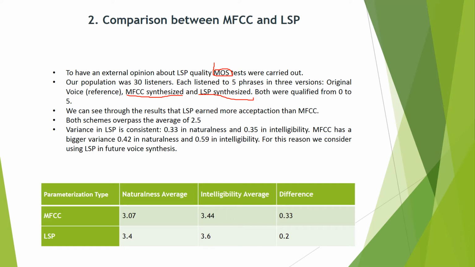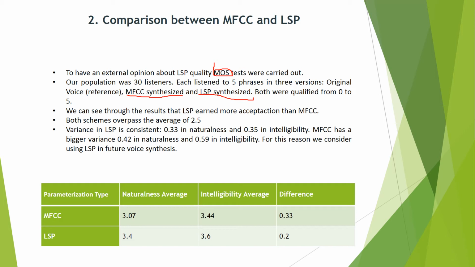We can see from the results here that naturalness had a better performance in LSP than it had on MFCC, and also intelligibility. What made us take the decision that LSP was the best choice was the variance among the qualifications given by the listeners.